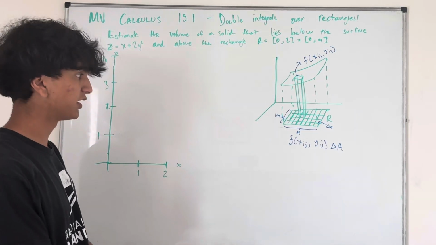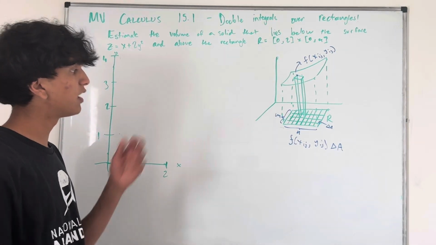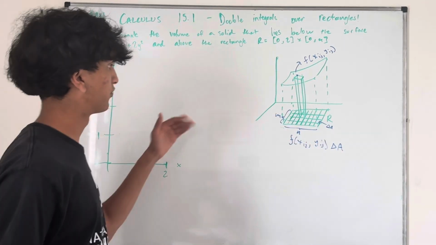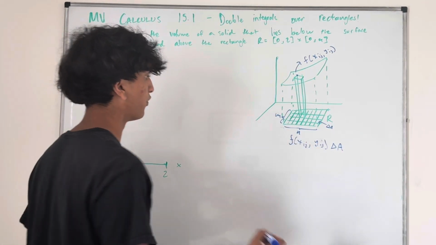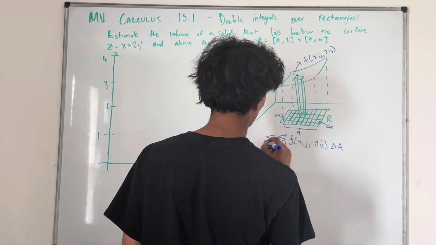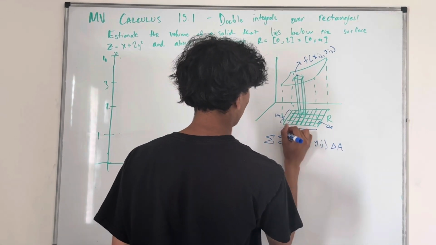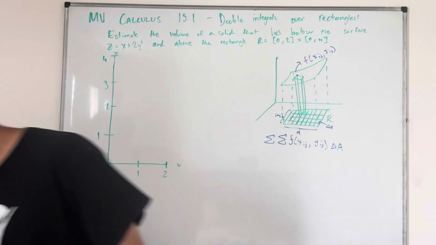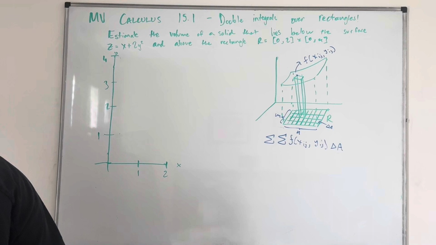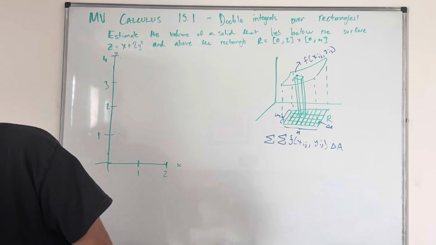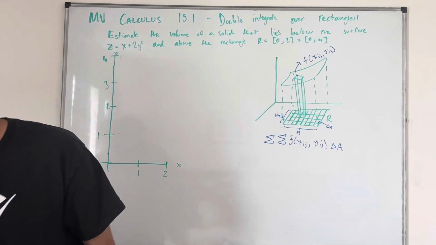So really, what you're going to do is sum up all of these small volumes for all the rows and for all the columns. So what you get is a double sum. I honestly just forgot the notation for sums, so let me check my notes.